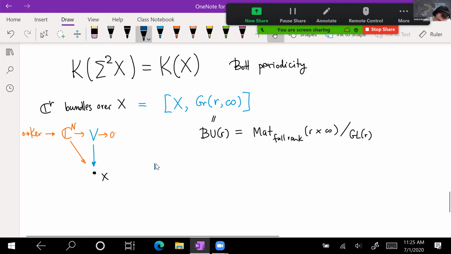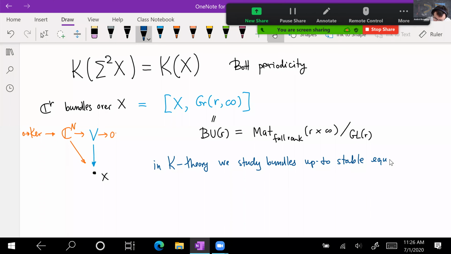In K-theory, we study bundles up to stable equivalence, that is, up to adding trivial summands. That means you can increase the rank of the bundle, well, if you remember that your original bundle had a certain rank.